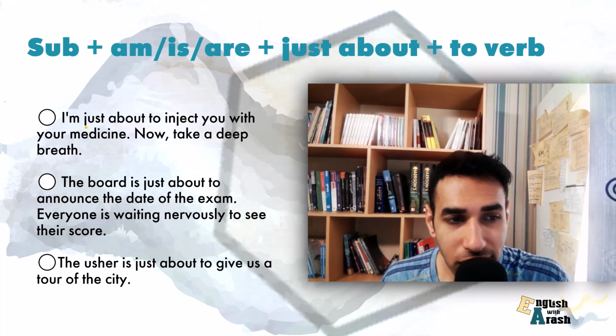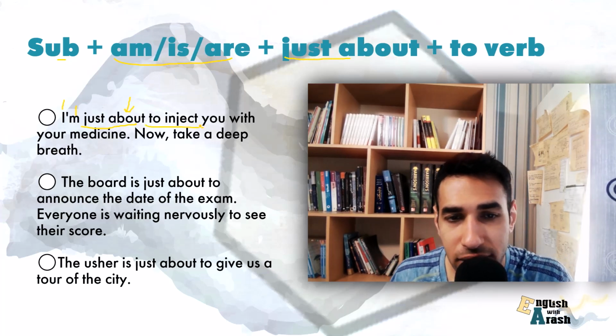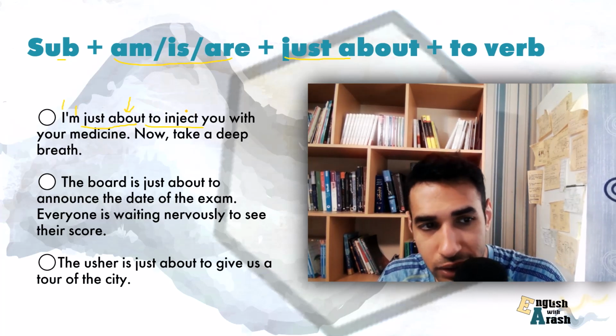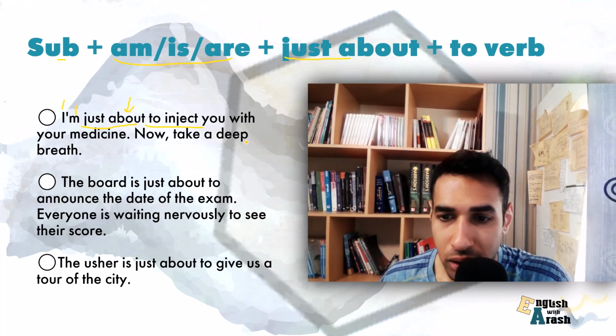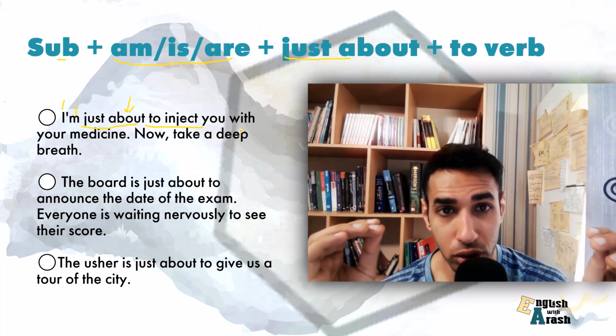I'm just about. Subject, I, am, is, are. Am just about. Here, talking about very close future. To inject, verb. I'm just about to inject you with your medicine. Well, I'm going to give you an injection very soon.